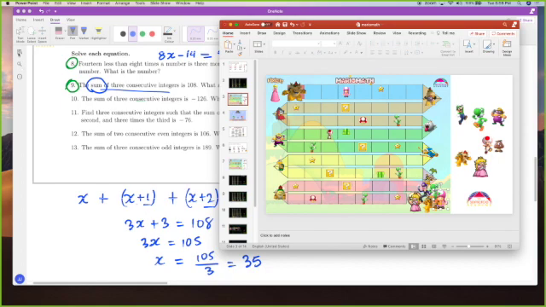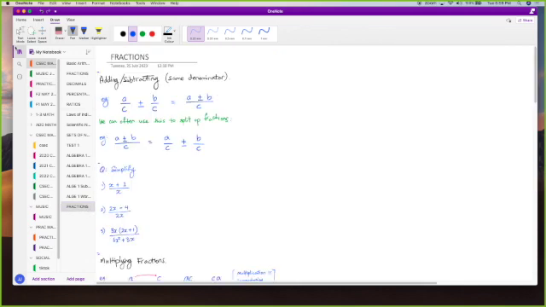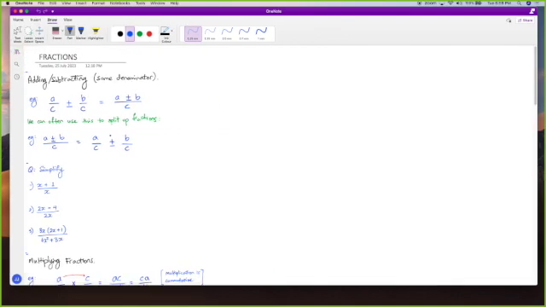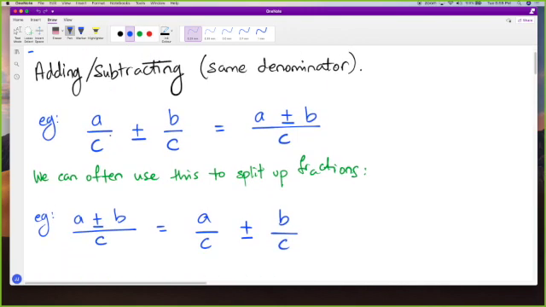Then we go to fractions now. So we're going to be talking about fractions today. And we probably wouldn't go to 8, but as I say, it depends on how quick you guys answer, right? So let's get it going with fractions. And the first thing we're going to talk about here is adding and subtracting fractions that have the same denominator. By the way, you all see the whiteboard, right?